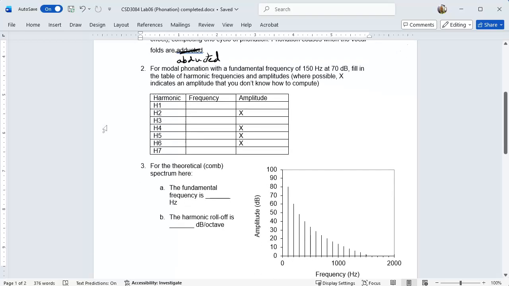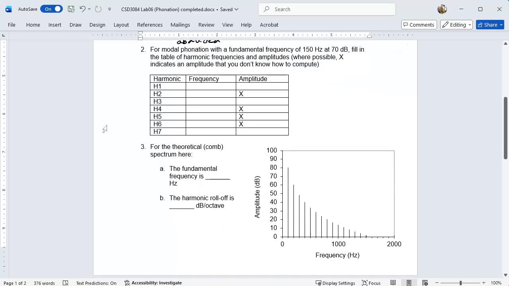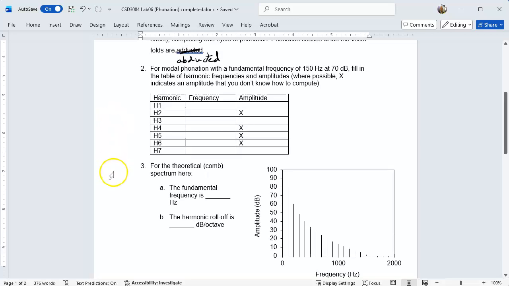Rest of the lab gets into some of the new material that you haven't seen before on the acoustics of the voice. First two questions are actually kind of our idealized view of what phonation looks like if we could make an acoustic recording of it without the rest of the head getting involved and that sort of thing.